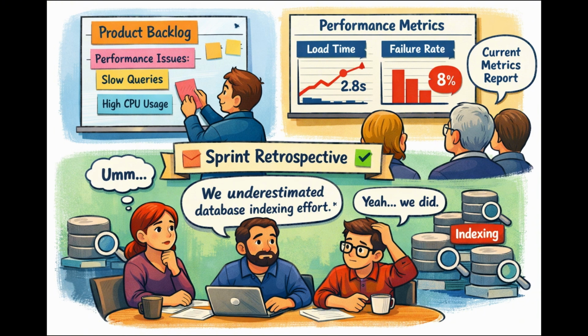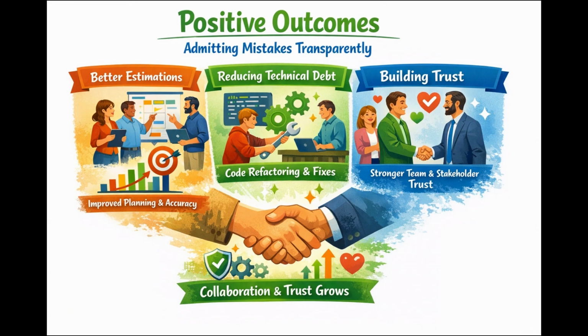Metrics like load time and failure rate are shared with the stakeholders. In the sprint retrospective, the team admits we underestimated database indexing effort, because the team is admitting the mistake transparently.